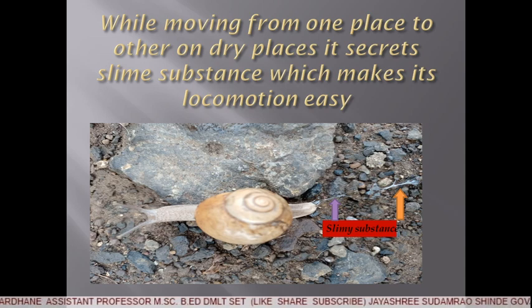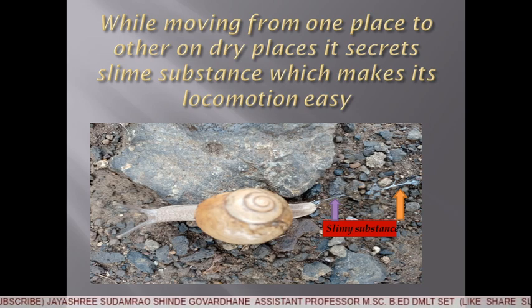While it walks on a dry surface, it leaves slimy substance, so that it is easy to go over that hard surface. As we know, for locomotion, different animals show different organs or organelles like cilia, as we have legs and all.